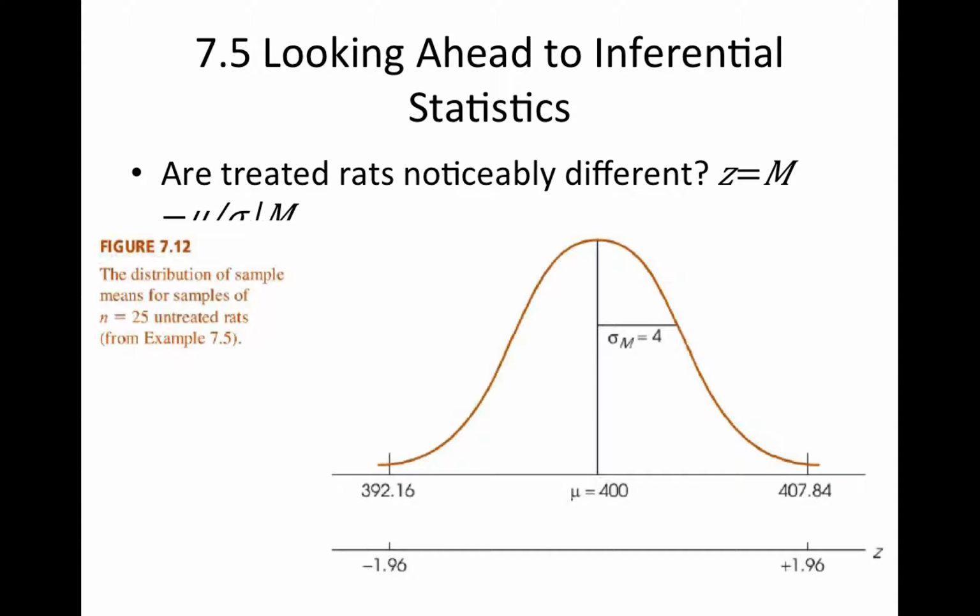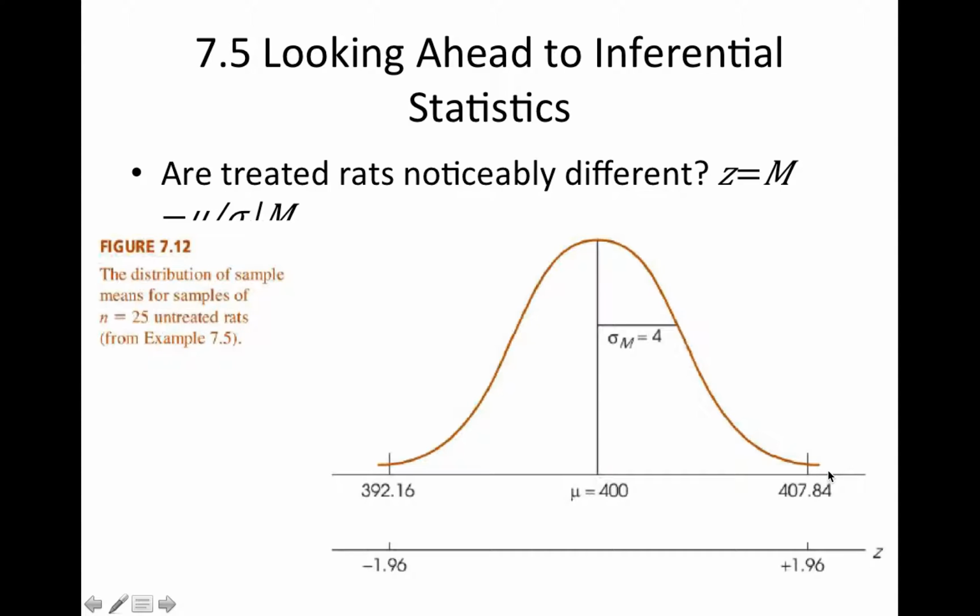What inferential statistics does is it says, listen, let's cut off the ends of the distribution of sample means. Let's cut it off here on the left and here at the right at the point where 2.5% of the distribution lies to the left in this tail and to the right in this tail.